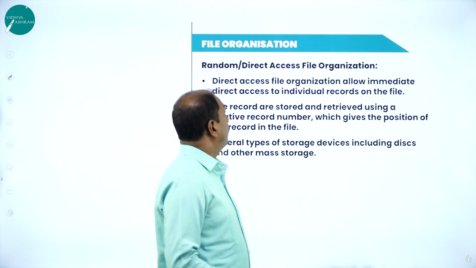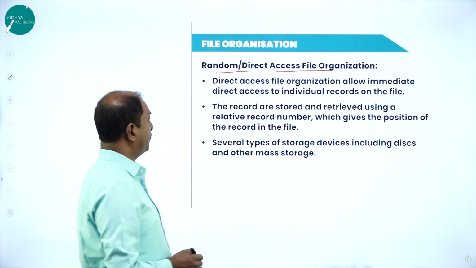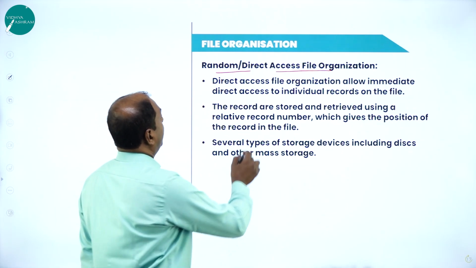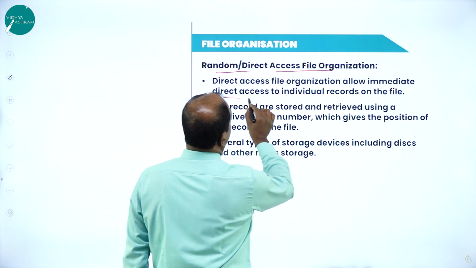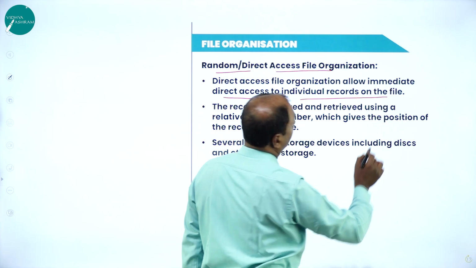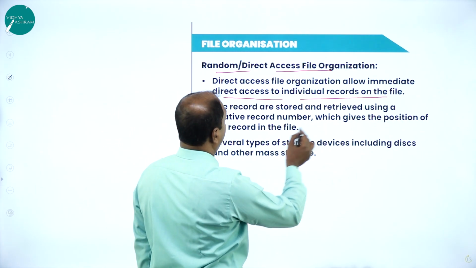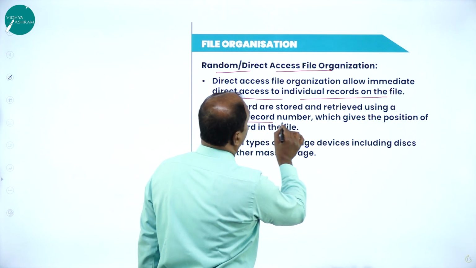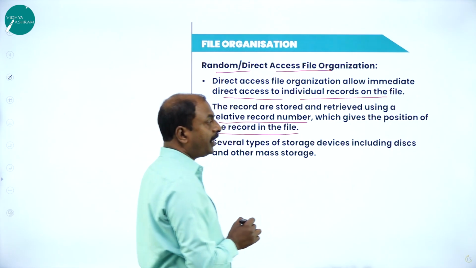Next, we will see the random or direct access file organization. Here, direct access file organization allows immediate, direct access to an individual record in a file. The records are stored and retrieved using a relative record number, which gives us the position of the record in a file.